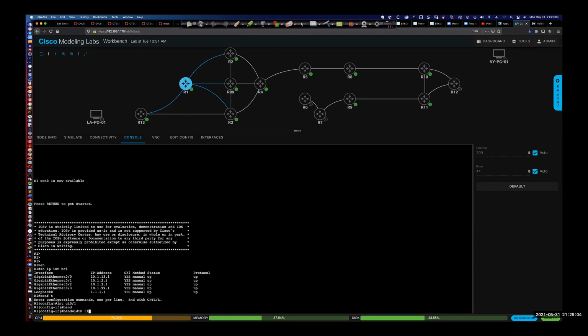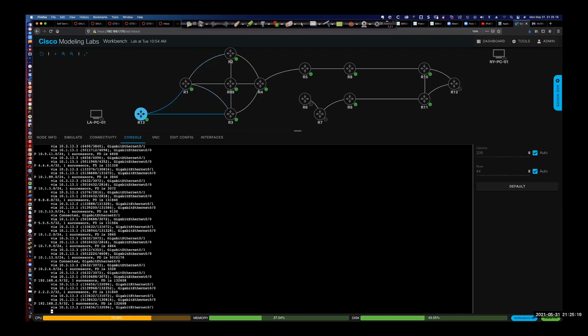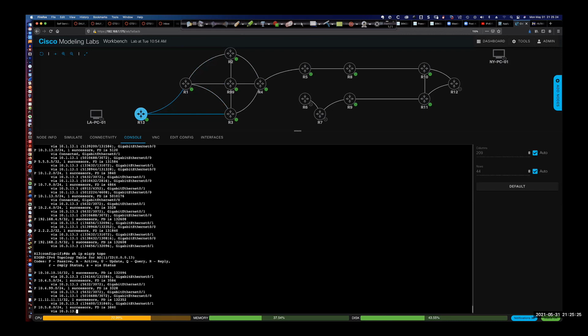Because now router 1 is going to be reporting a distance to get to all of the routing information over here, which should be much higher. In fact, it should be high enough to where here we see that router 1 is no longer a feasible successor. And you know what?